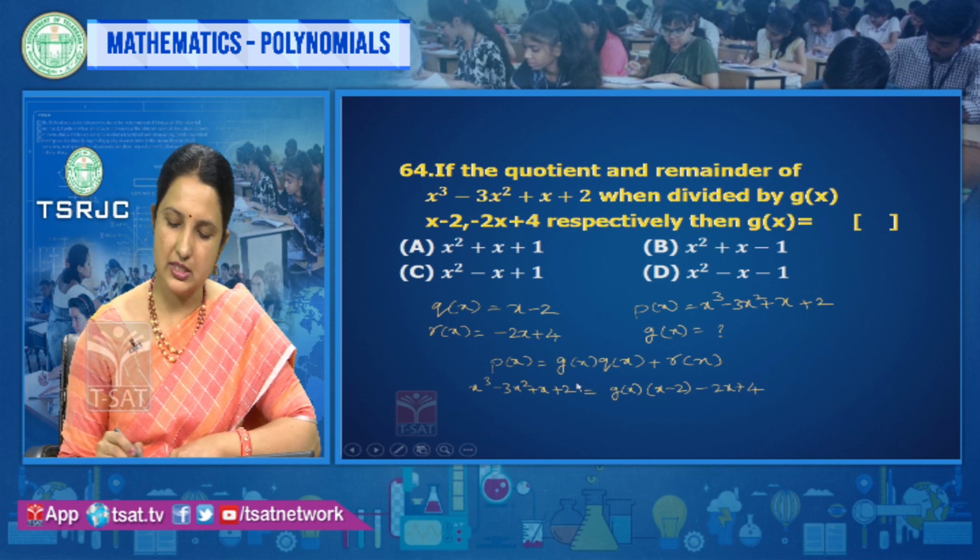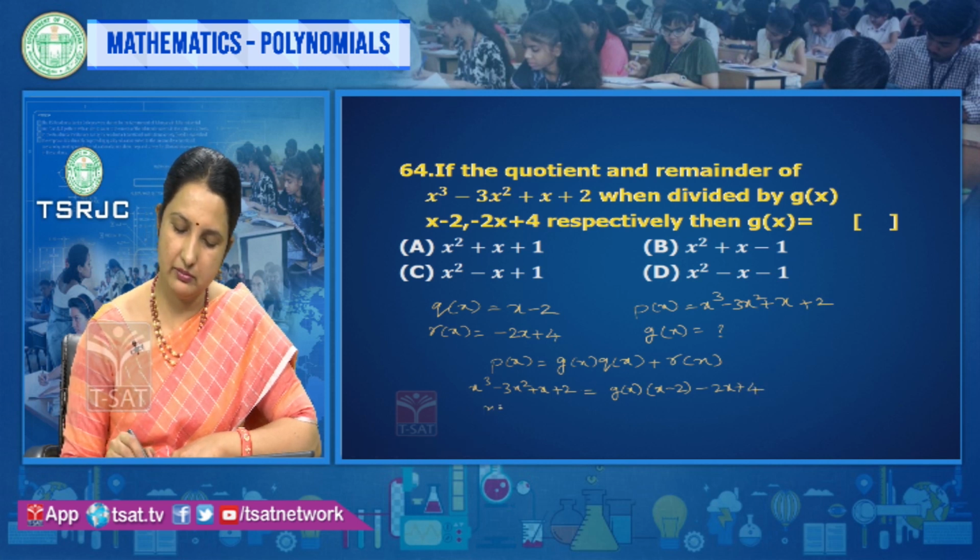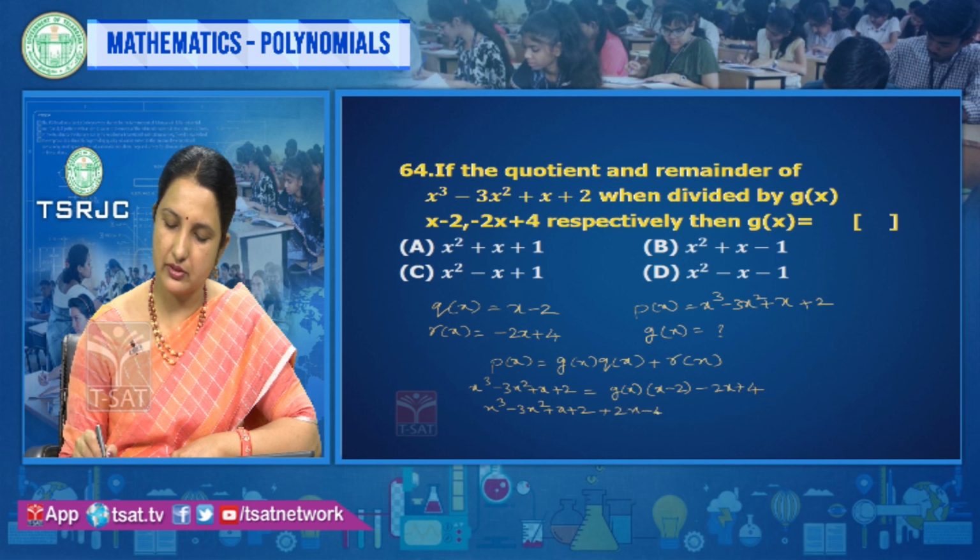When it goes to this side, what does it become? X cube minus 3x square plus x plus 2, when it comes to this side, plus 2x minus 4 equals g of x into x minus 2.